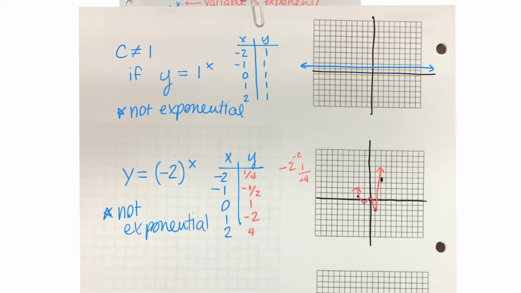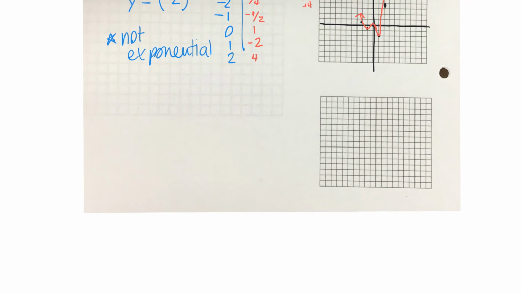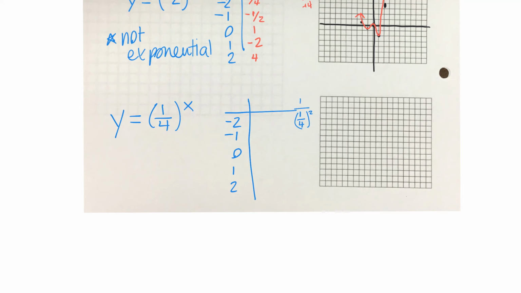But what we did say was okay was fractions. So what if we had y equals 1/4 to the x? Let's see what that would do. So I'm going to say, again, -2, -1, 0, 1, 2. And if I did that, I would have 1/4 squared under 1.